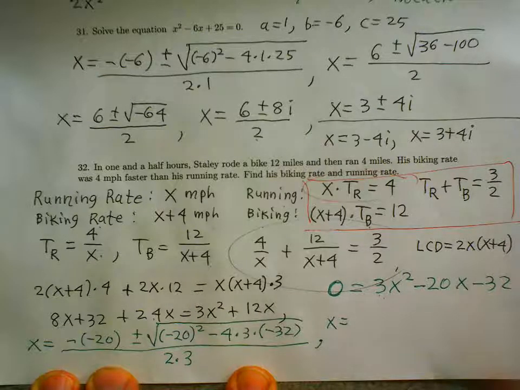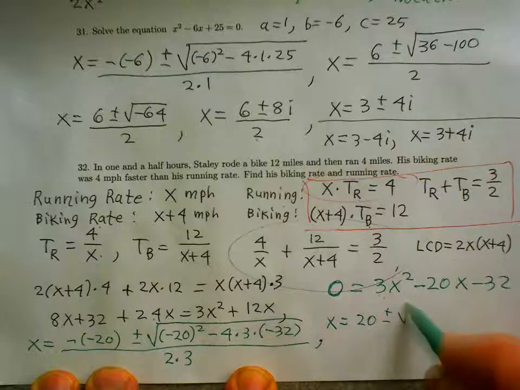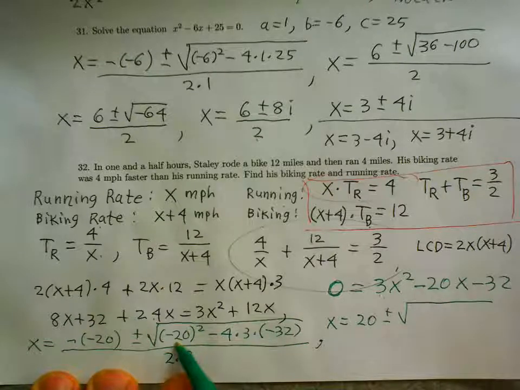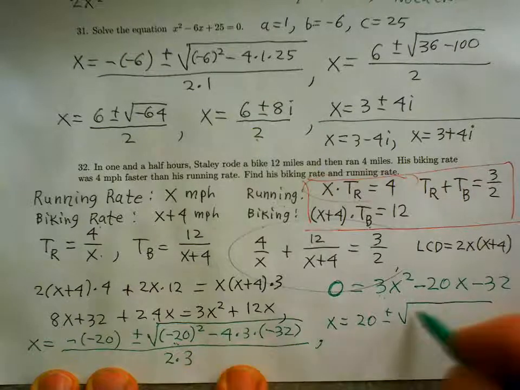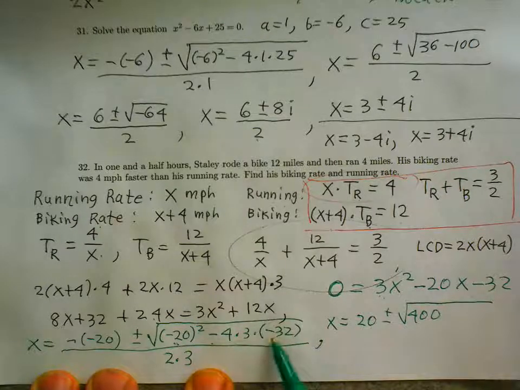So the negative of negative 20 is 20, and then plus or minus the square root of a number inside the square root. The number negative 20 squared is 400. And we're subtracting a negative again, so that's going to be plus 12 times 32.